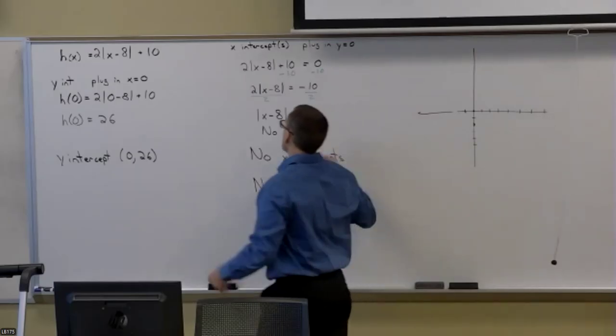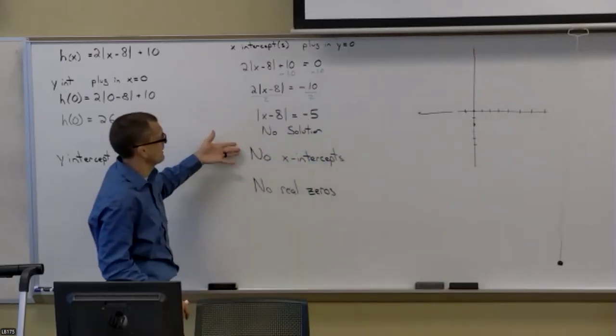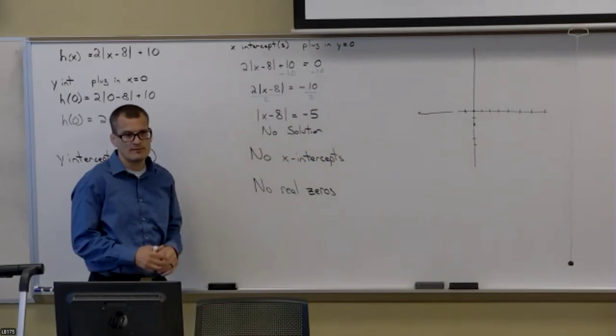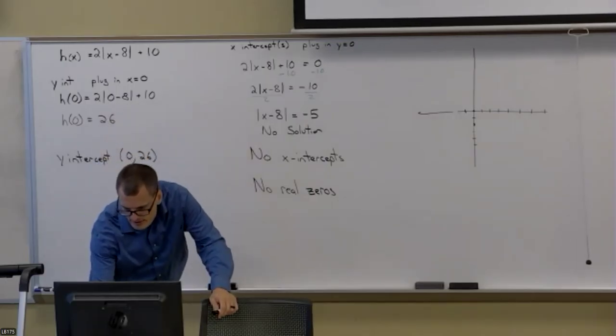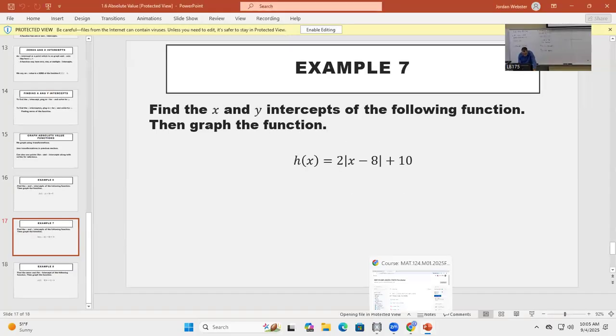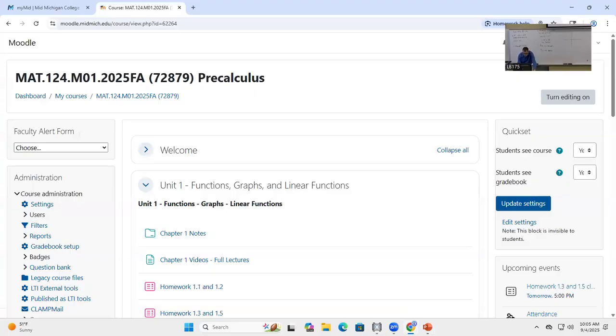So this is the scenario in which we can get no x-intercepts. That's the whole point, right? And we get no x-intercepts precisely because of the shape and where that function sits.